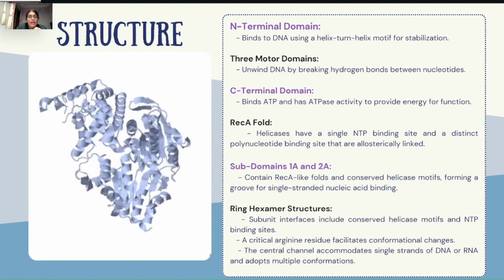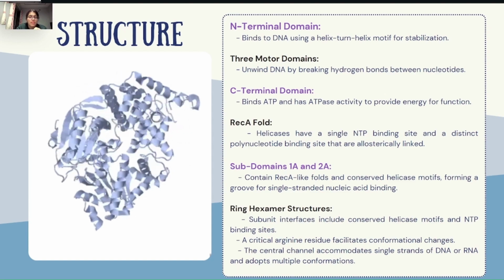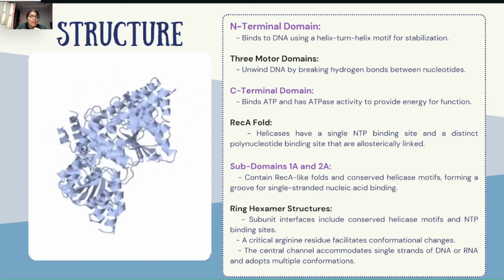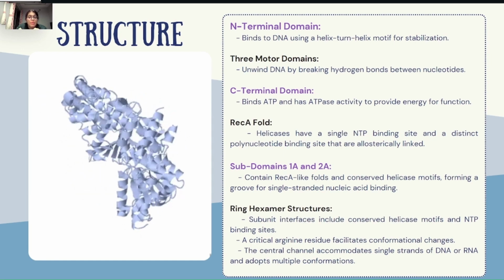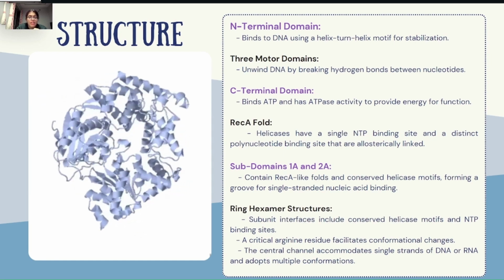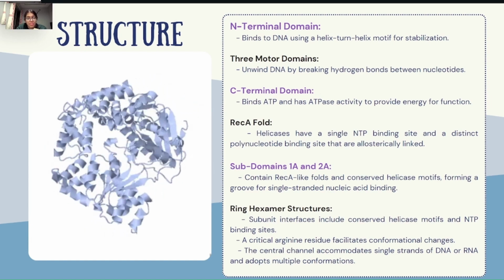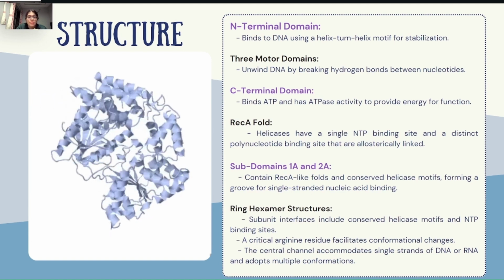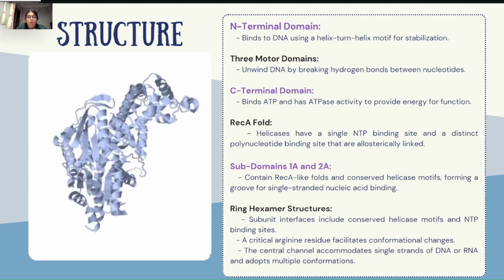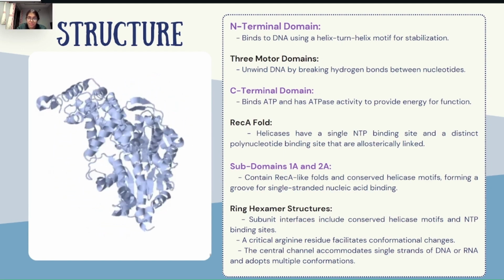There is also a ring hexamer structure, whose subunit interface includes the conserved helicase motif and NTP binding sites. A critical arginine residue facilitates conformational changes. The central channel accommodates single strands of DNA or RNA and adopts multiple conformations.